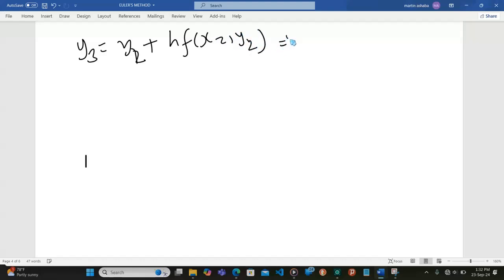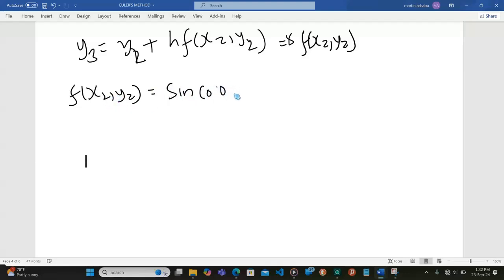And what is our value of f of x2, y2? So f of x2, y2 is the same as sin of x2, which is 0.04, plus 2 times y2. So y2 is already calculated as 1.082. So f of x2, y2 will be calculated.